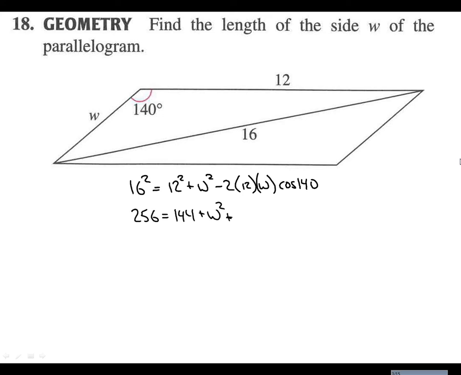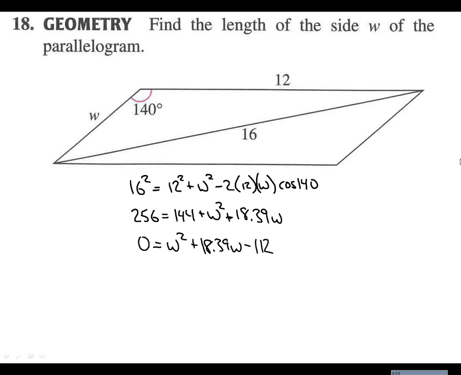A negative times a negative plus 18.39 W. I'm going to move the 256 to the other side. 0 equals W squared plus 18.39 W minus 144 minus 256 is negative 112. And that looks like a quadratic formula problem to me.